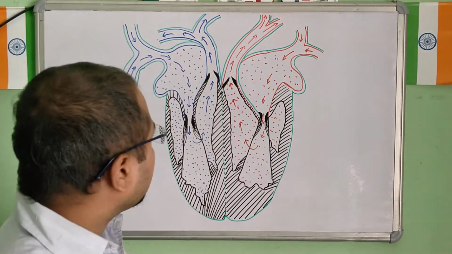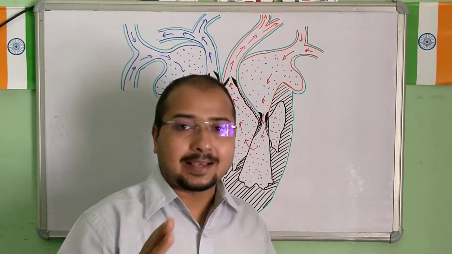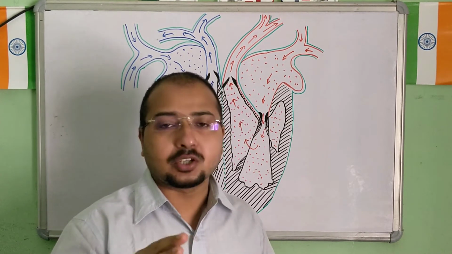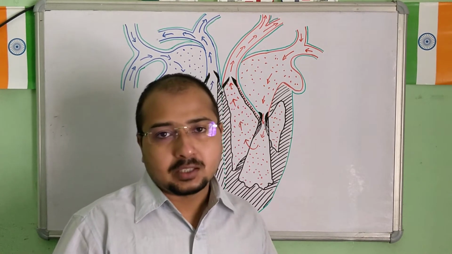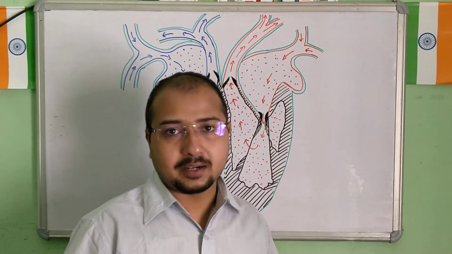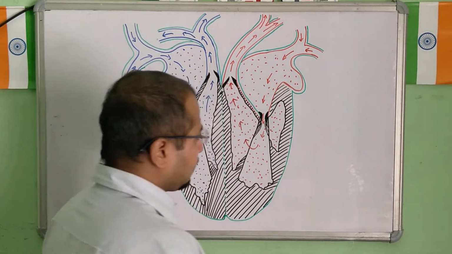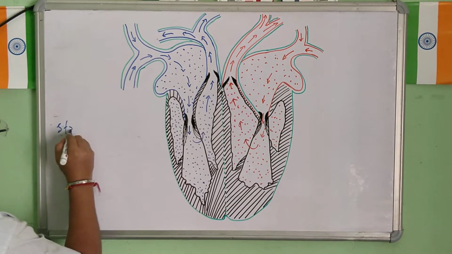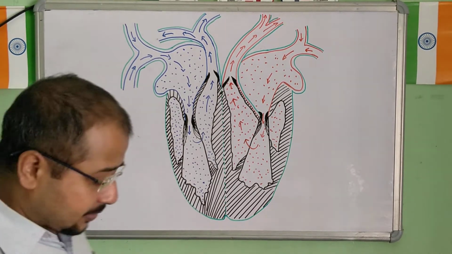Now see, the heart muscle, we know it as cardiac muscle. Some features of the cardiac muscle are: number one, it is striated or striped muscle. What is the meaning of striped muscle?